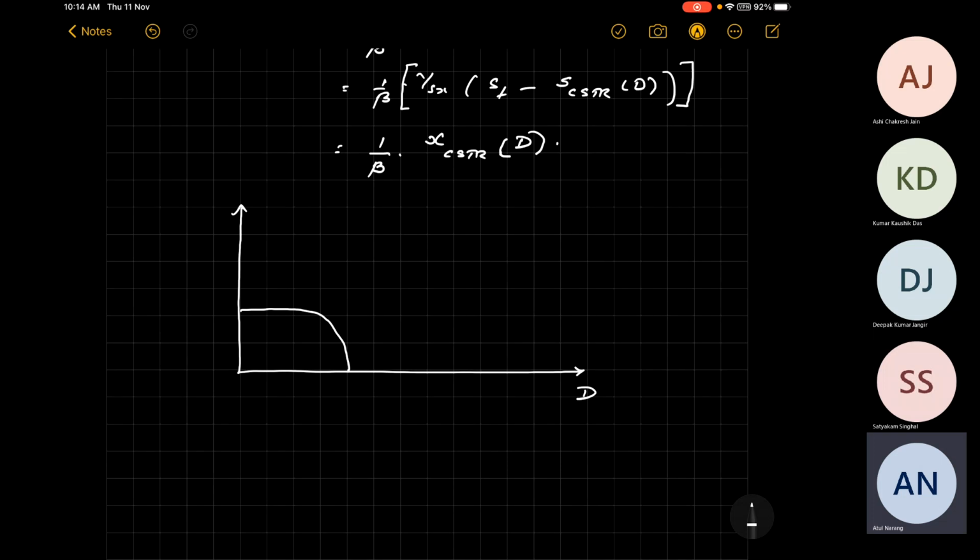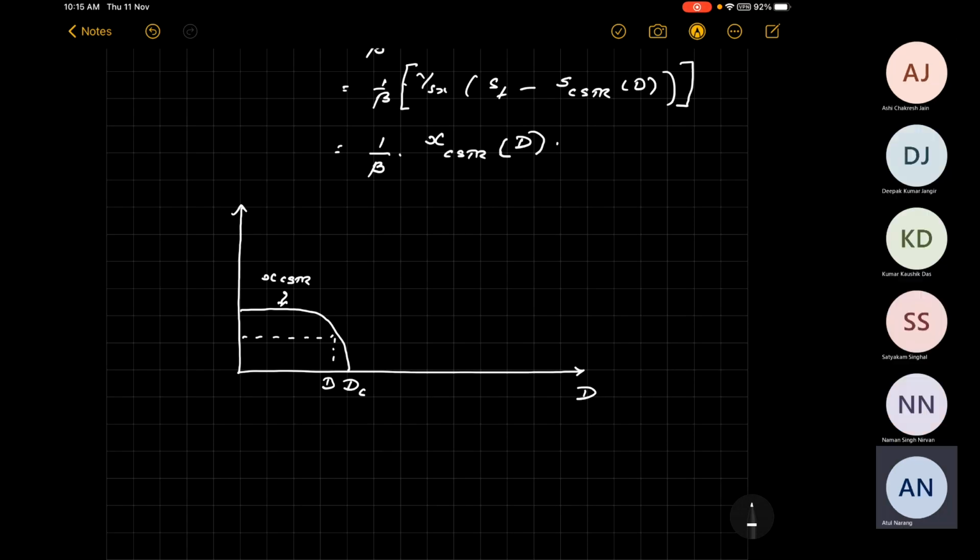So this is X in a CSTR using the Monod model, which means no maintenance. And let's say this is D_C, and let's say this is X_CSTR at any D.